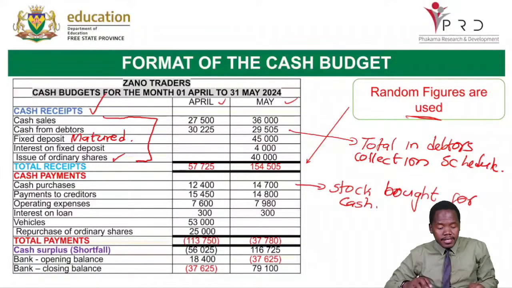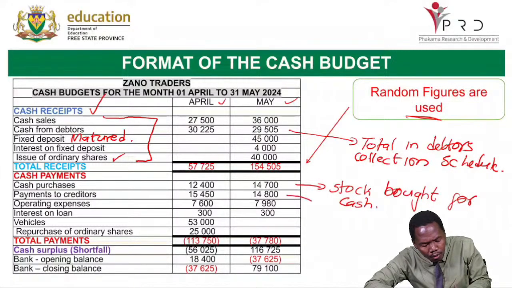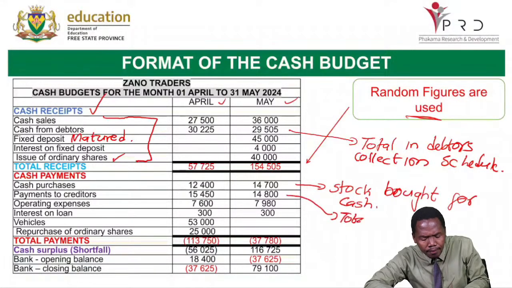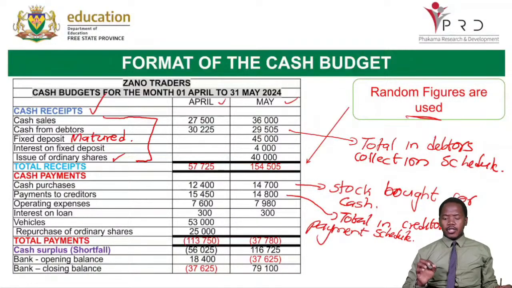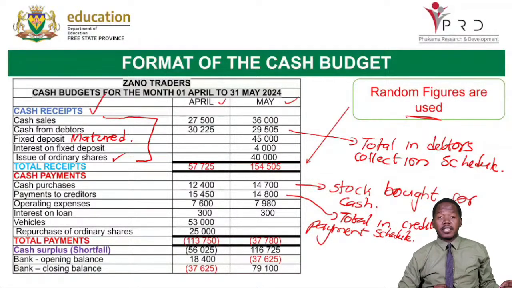Now, after that, now we will follow with our total from your creditors payment schedule. That is your total from the creditors payment schedule. Okay?